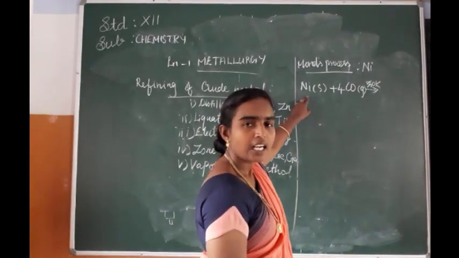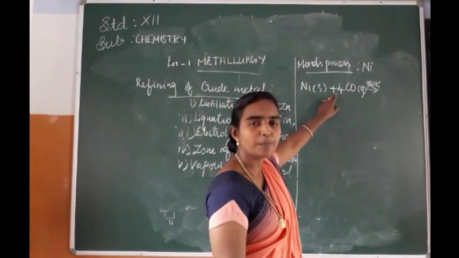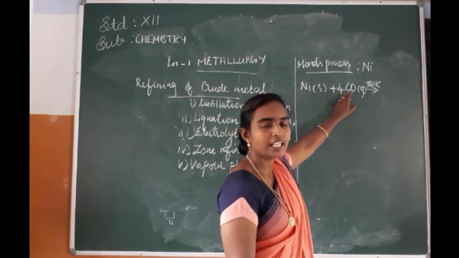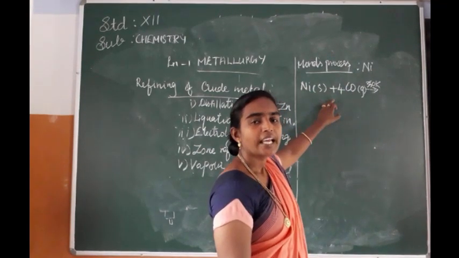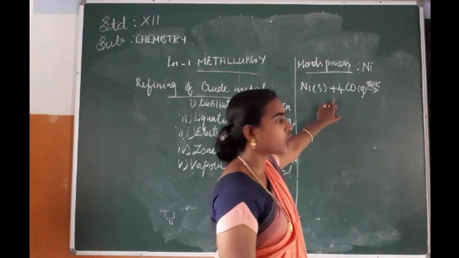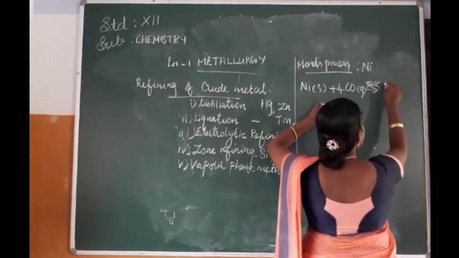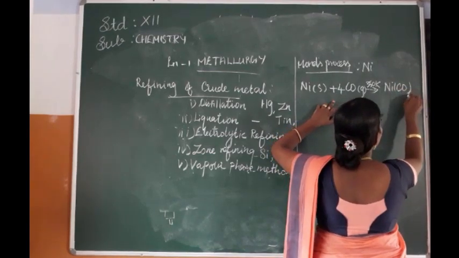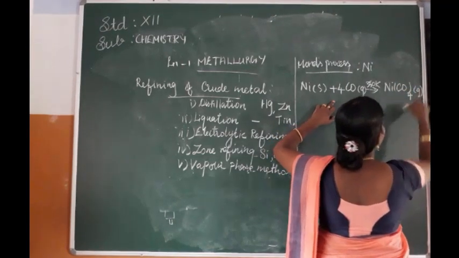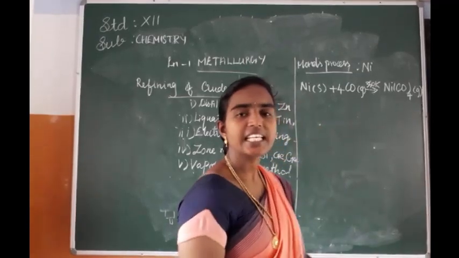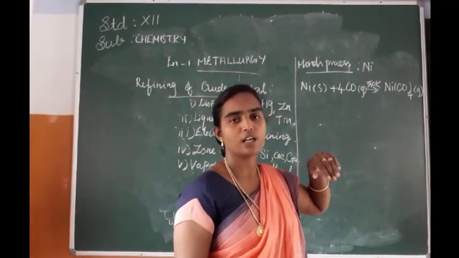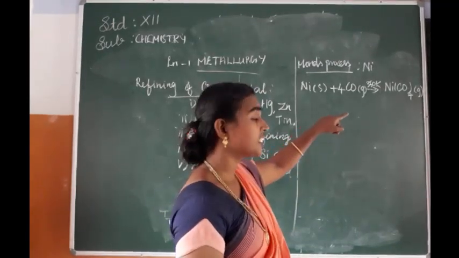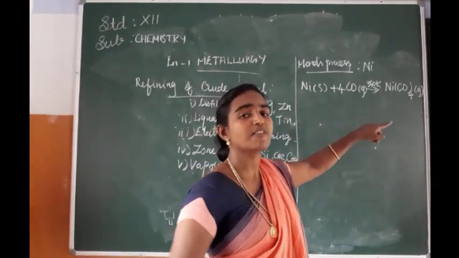Impure nickel is heated with carbon monoxide gas. It forms volatile nickel tetracarbonyl, that is, Ni(CO)4 gas. Okay, what is it? Nickel tetracarbonyl. It is volatile. Okay, it can be easily evaporated.